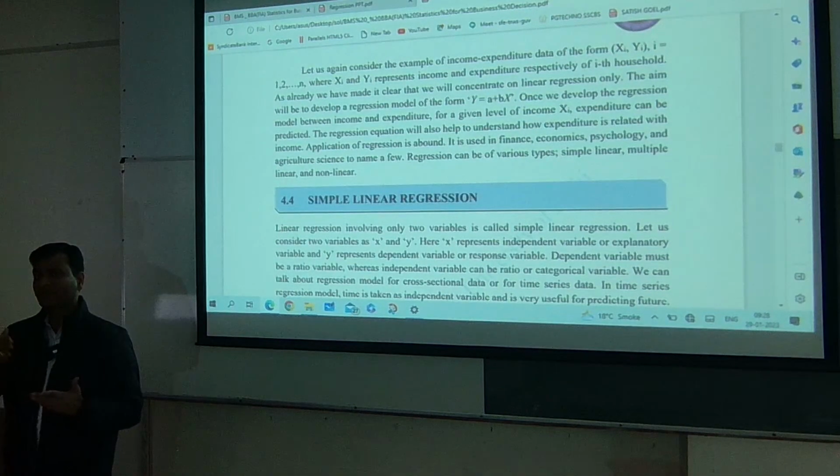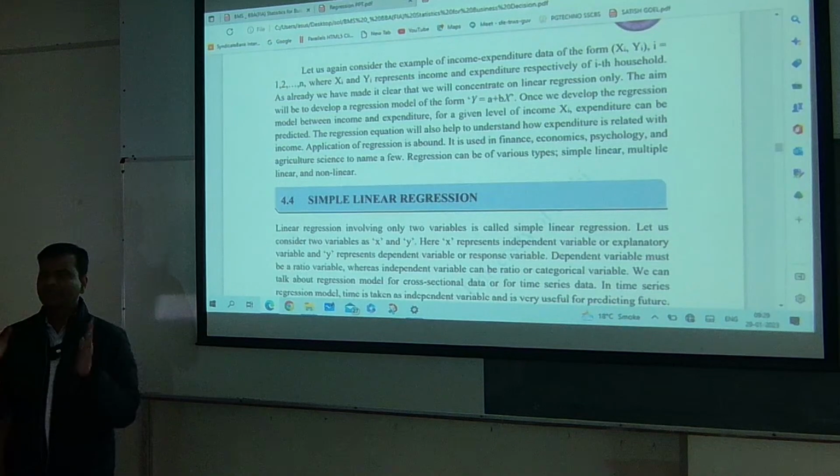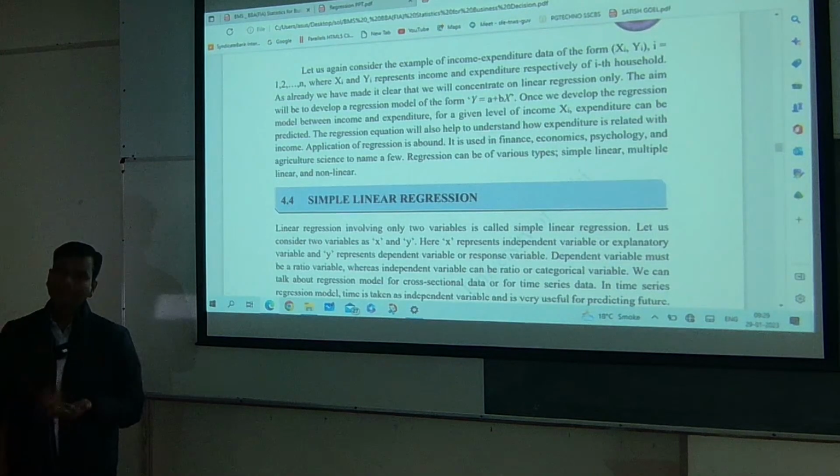That means if you have more than two variables, three, four, five variables, then it is a multi-regression model. Although this is beyond your scope, in your syllabus you mainly have only linear and simple regression. Linear means you don't have any power of more than one. So that is the linear regression.